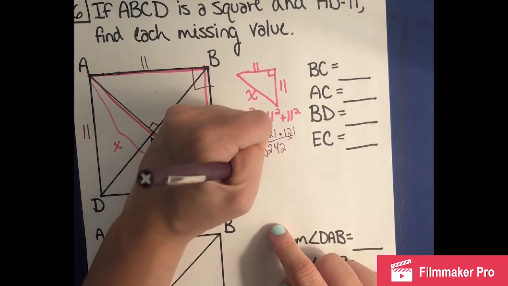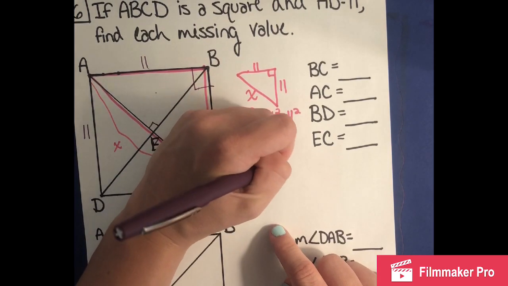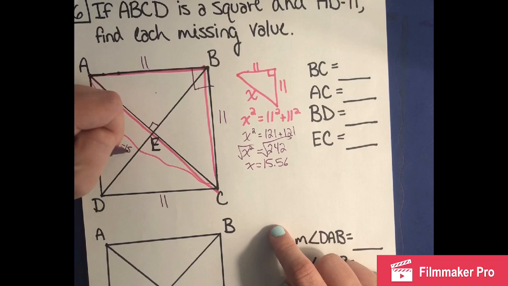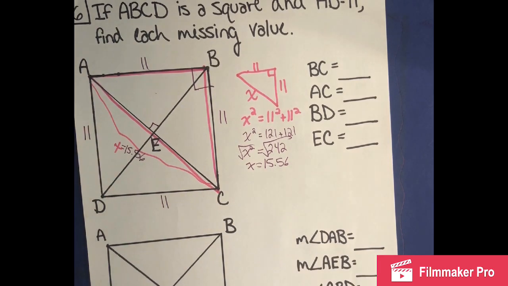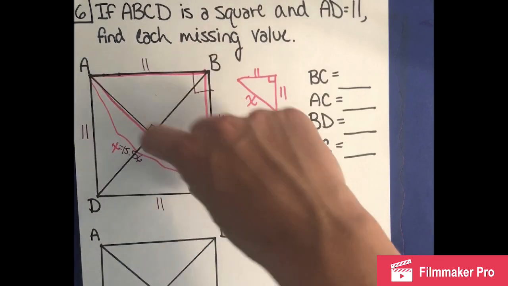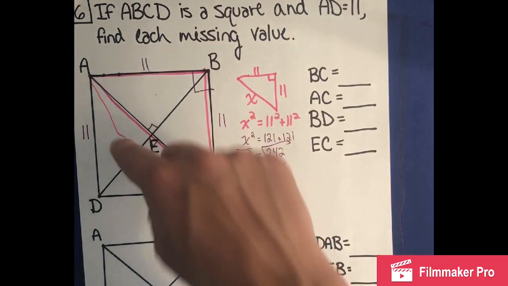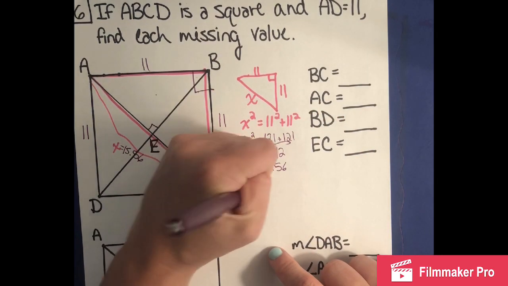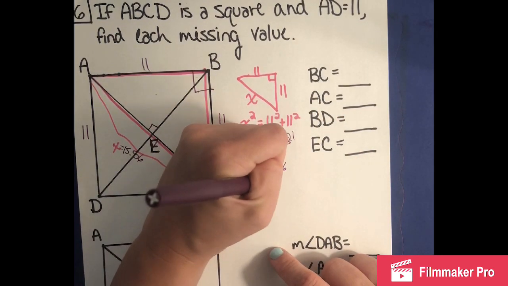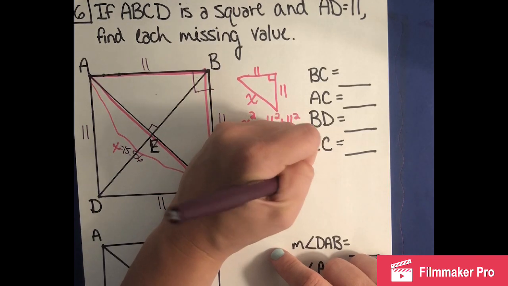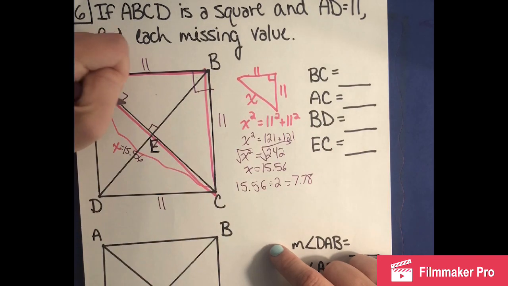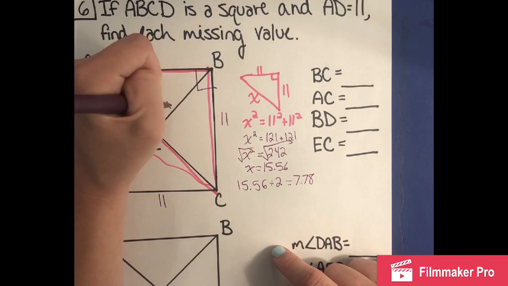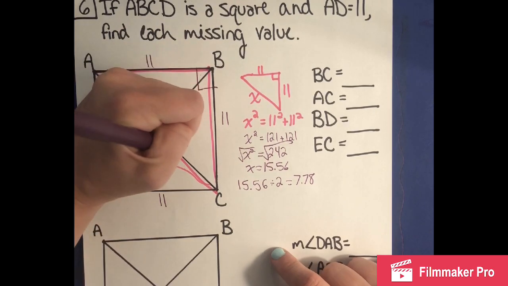Square root, I get x equals 15.56. Remember, that whole thing is 15.56. But I might now just want half of it, okay? So let's divide that thing in two. 15.56 divided by 2 equals 7.78. So each of these is 7.78.